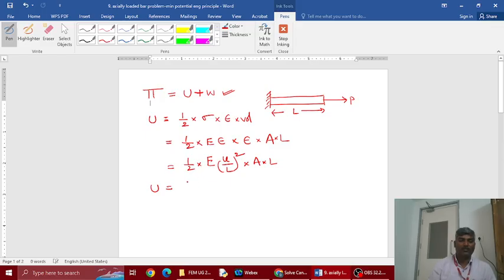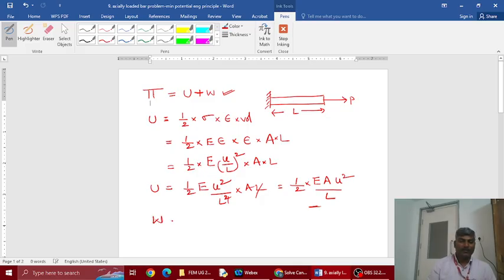Let us simplify: half into E into U square by L square, into A into L. So one L cancels, and what I get is half into E into A into U square by L. This is the strain energy stored in this part.